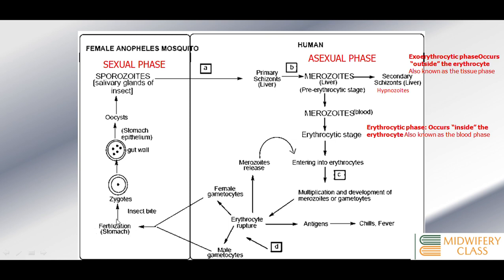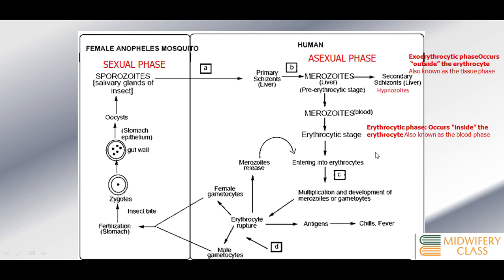After fertilization, zygotes are formed. Then in the gut wall, these zygotes become a cyst. Now, when a cyst is formed, that cyst matures into sporozoites, completing the life cycle of Plasmodium.